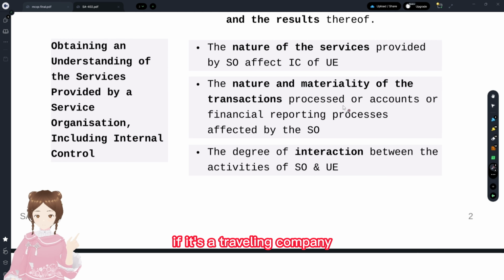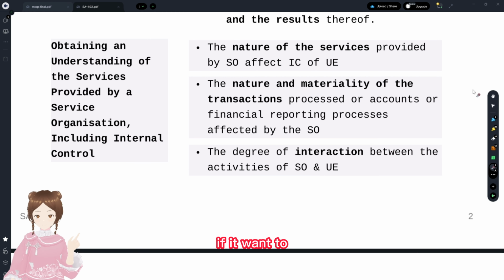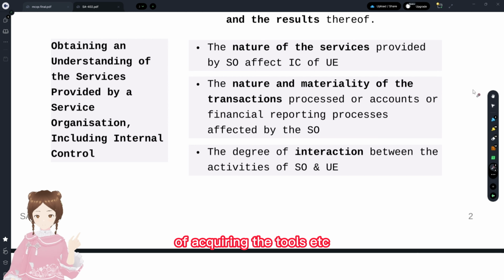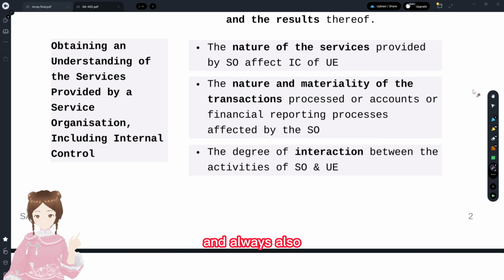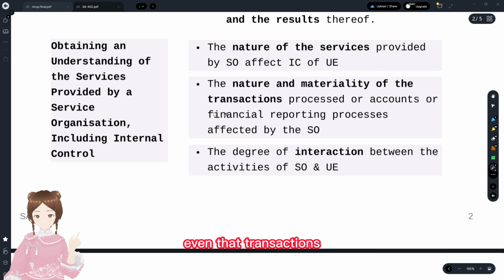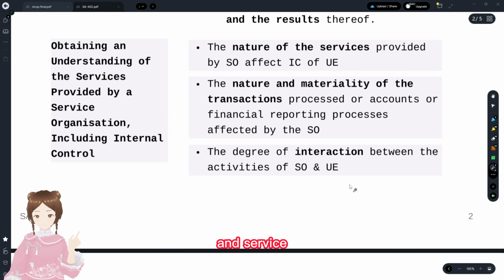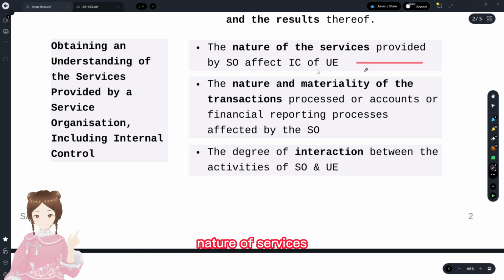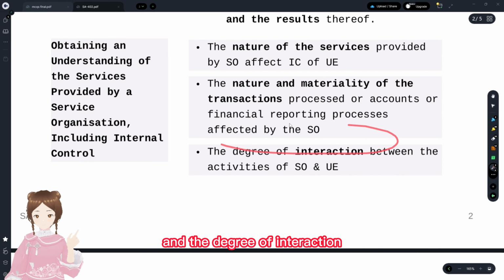If it's a traveling company, with all the ticket bookings, and the company wants to concentrate only on its core activity of acquiring tourists, the ticket booking and hotel management are outsourced to some other organization, the service organization. Even those transactions and the interaction between the service organization and the user entity, the degree of interaction. The nature of services, the nature and materiality of the transactions, the nature of the relationship between them, and the degree of interaction.